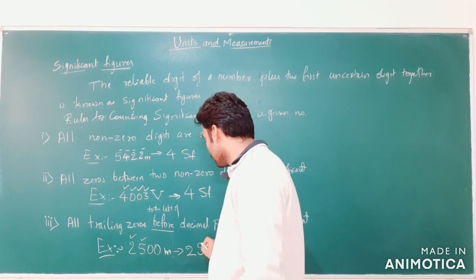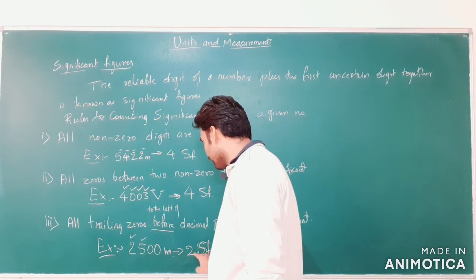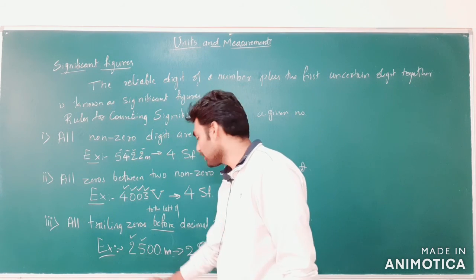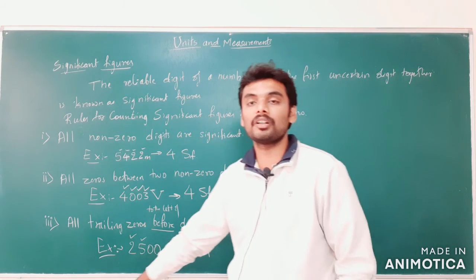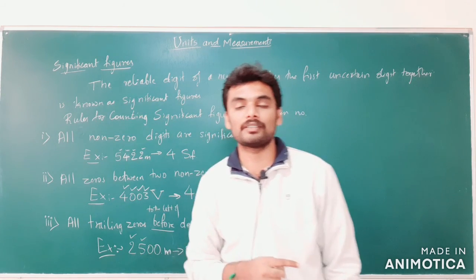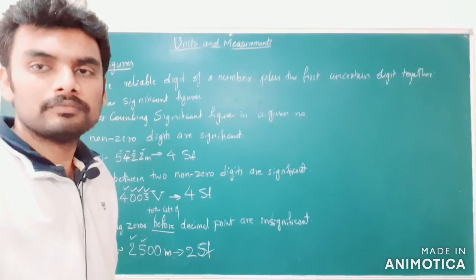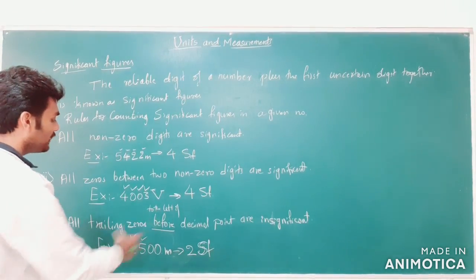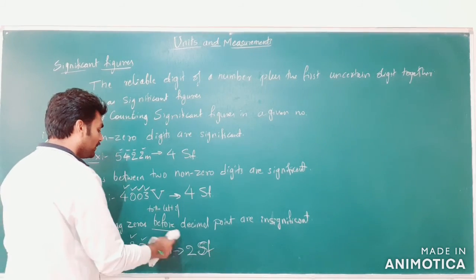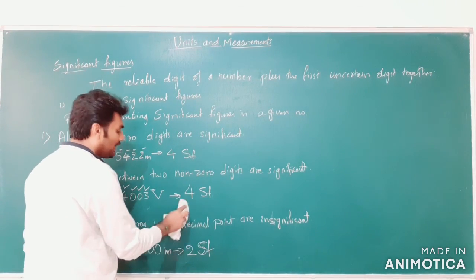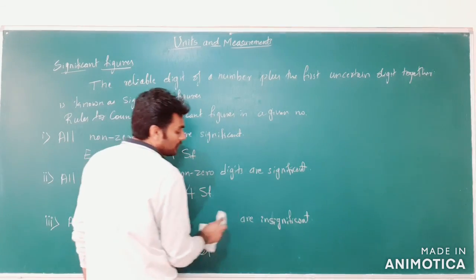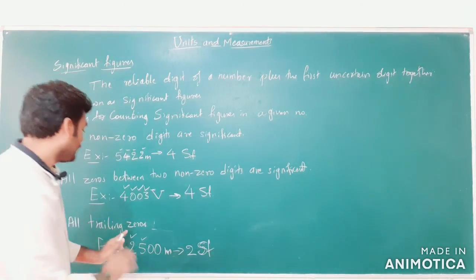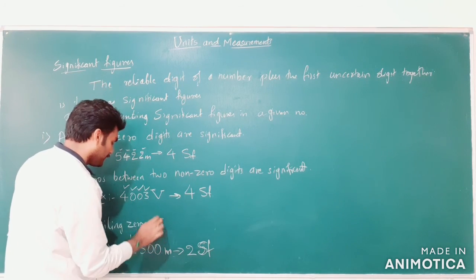Which are those? Two significant figures. One is 2 and the other is 5. So only two significant figures, because the trailing zeros of a number are not significant. The more proper way to put this is: the decimal point matters only if we have a decimal point. So I can put this as all trailing zeros in a number without a decimal point. That would be more proper.